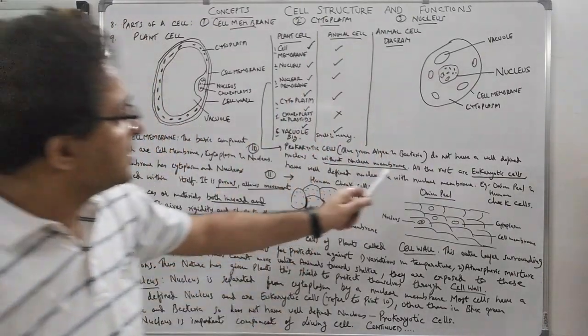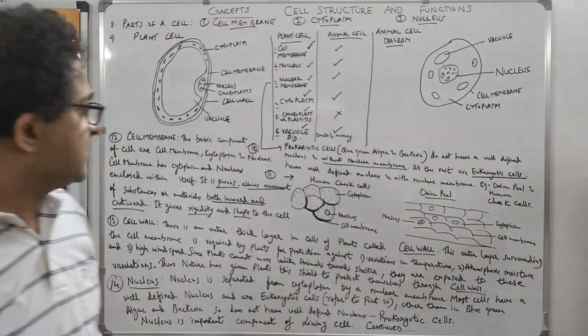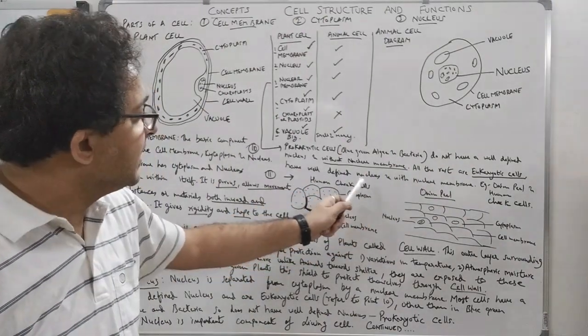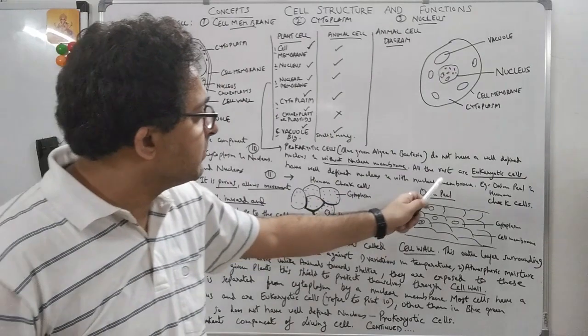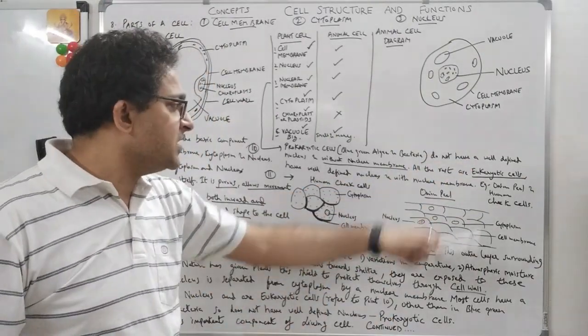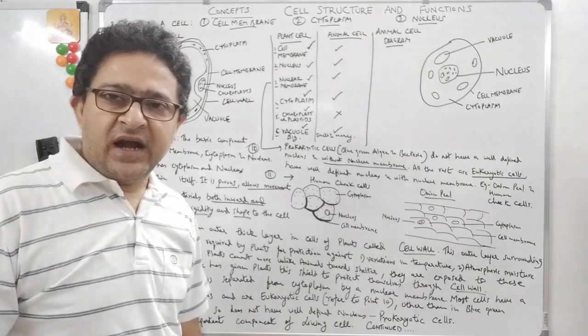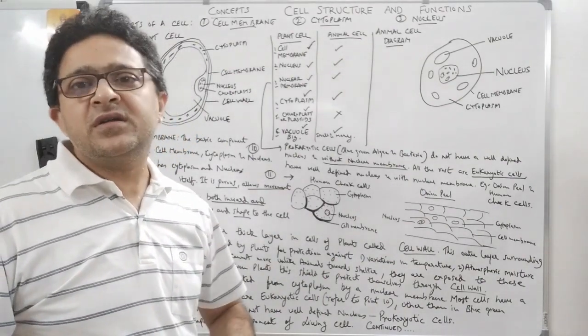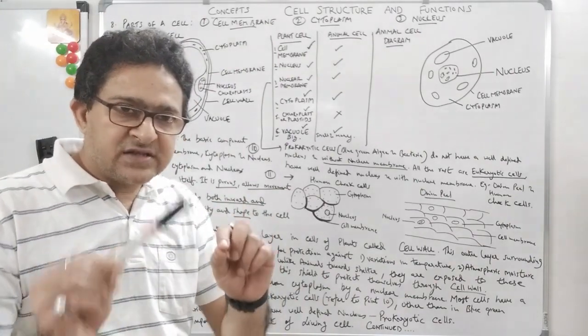All the rest are eukaryotic cells, right? Which means they have a well-defined nucleus with a nuclear membrane. In your NCERT, there is a human cheek cell and onion peel, which are eukaryotic, and they have a well-defined nucleus because it has a nuclear membrane.